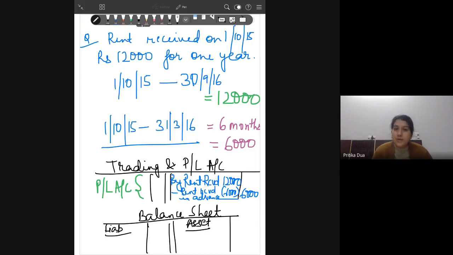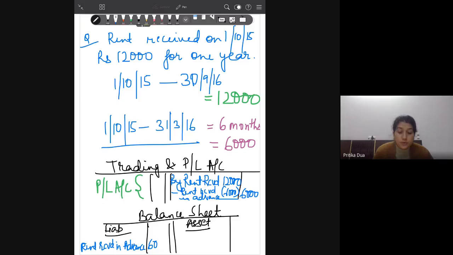Income received in advance is a liability because against that amount the business has to render service in the coming future. So on the liability side, rent received in advance will appear as rupees 6,000.